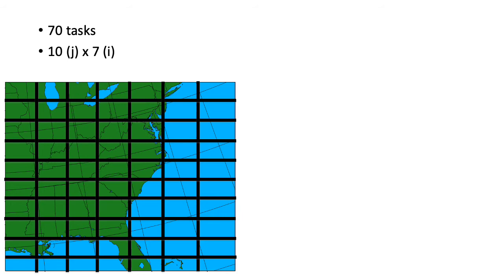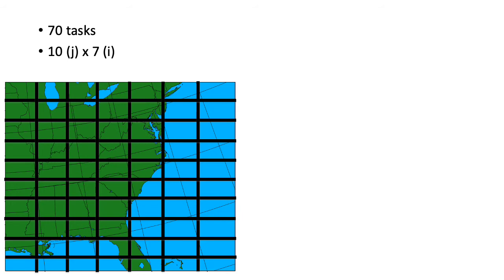Here is an example domain, and we have asked to decompose this domain into 70 MPI tasks. On our MPI run command, we said something like mpirun -np 70 wrf.exe.